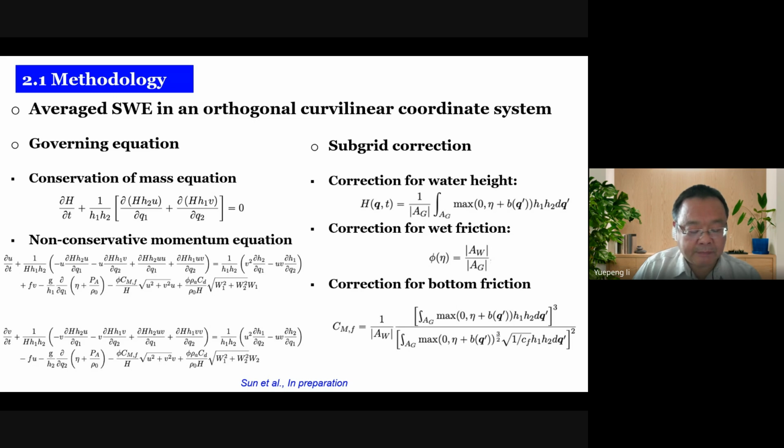The current subgrid model uses corrections for water height, bottom friction, and wet friction. We want to highlight that, separate from the corresponding nonlinear solver and the correction, the discretization follows the previous scheme and no further modification is needed. So this makes the subgrid correction easy to implement in an established model.